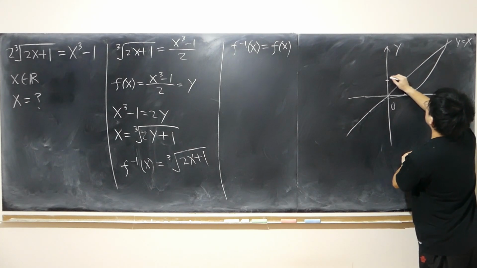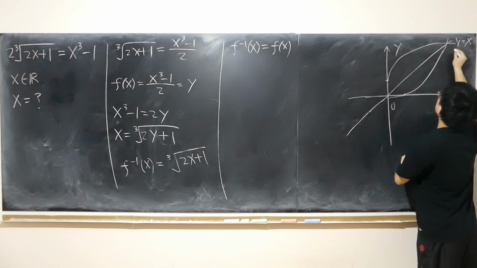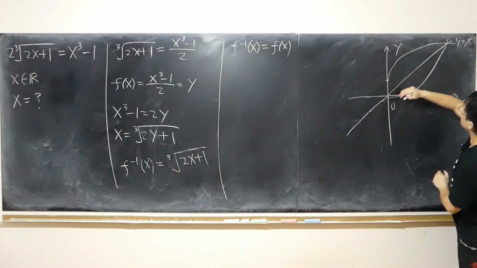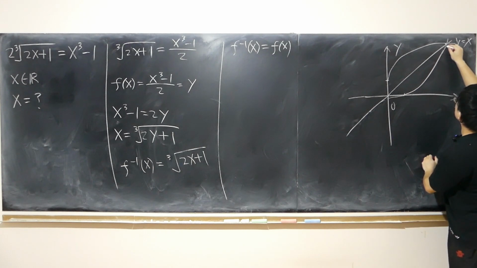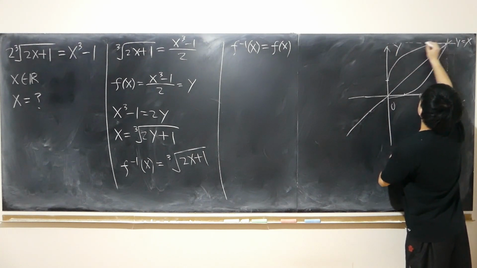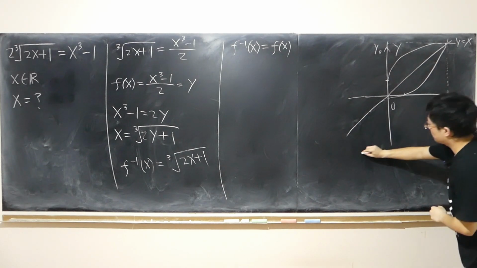Here's y, it should look something like this. Now, they only equal each other when they meet at this point on the 45-degree straight line. So that means this is when the x value is equal to the y value, x naught equals y naught.